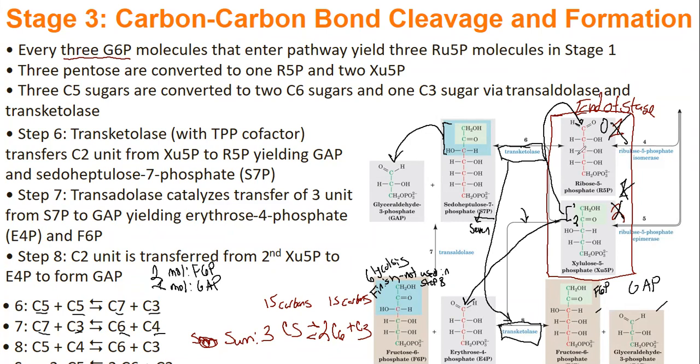So although this is stage 3, keep in mind that fructose and GAP are both part of glycolysis. And so you can start the pathways from there and remake ribose 5-phosphate. Or you could do what we just showed in the series of 3 slides, start from glucose 6-phosphate, work your way down here to this stage as well.